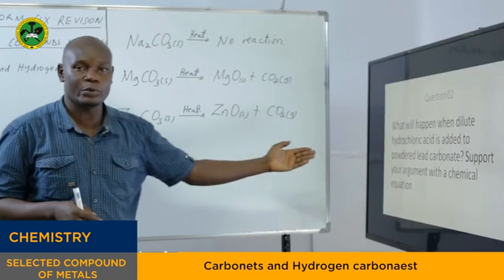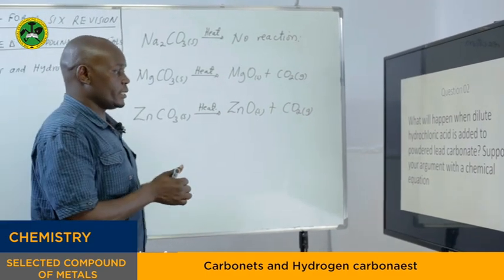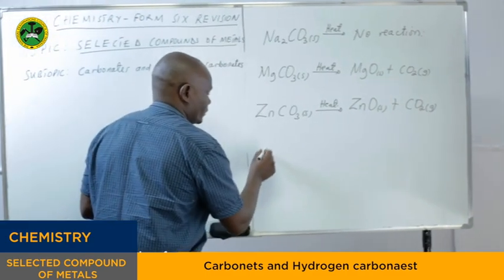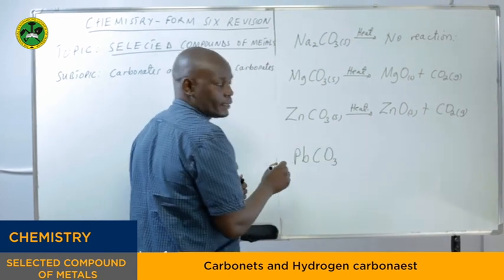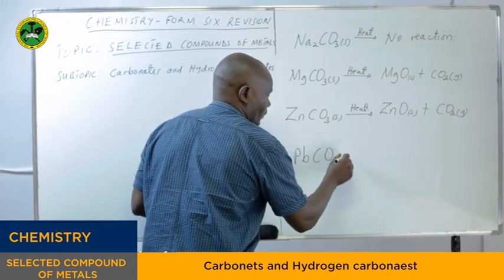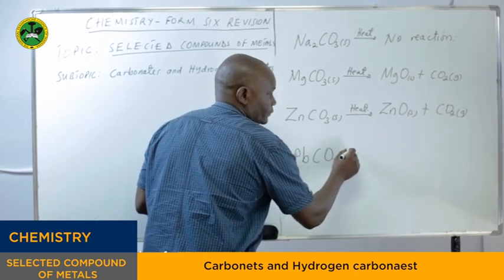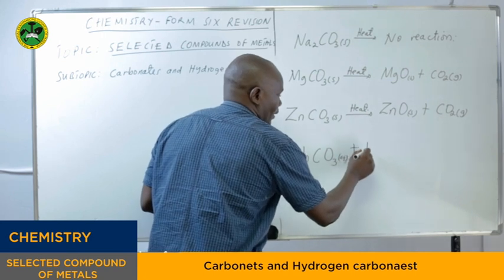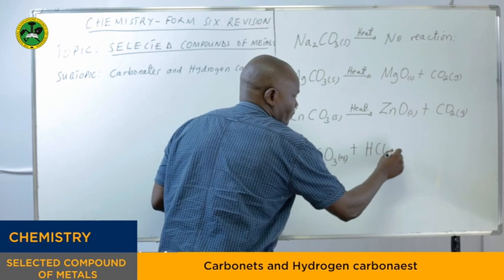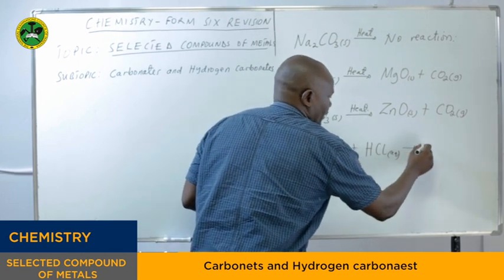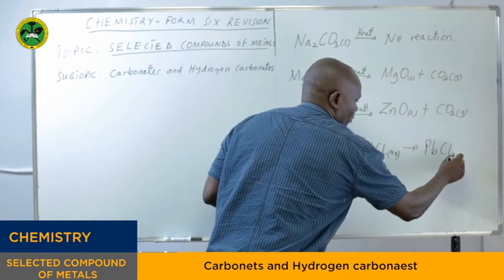The question is so simple. If you remember our discussion, we said that lead carbonate, when reacted with dilute hydrochloric acid, leads to the formation of lead chloride, which is solid.